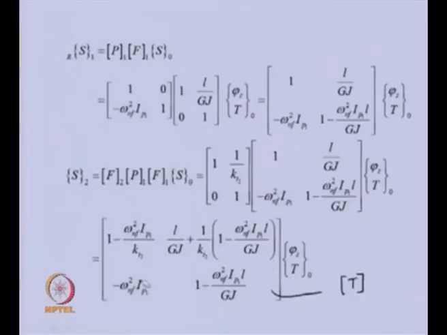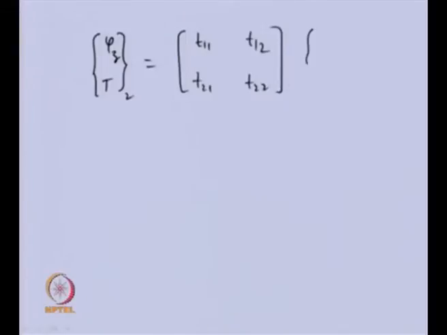As we equated T1 equal to 0 for the free case, this will not be the case now. So, let us see for the fixed case what will be the frequency equation. We have now obtained the overall transfer matrix for this particular problem, and because the boundary condition is different, we have the state vector at station 2 equal to T11, T12, T21, T22 times the state vector at station 0.